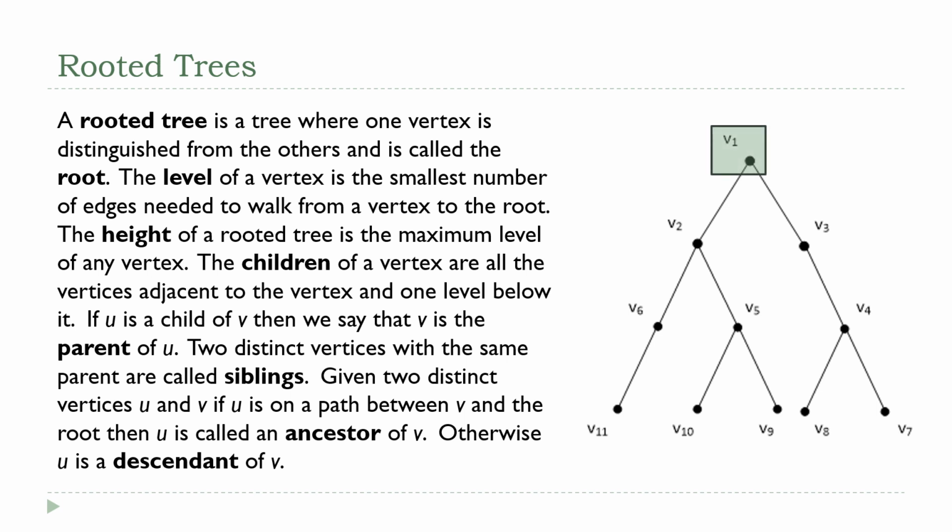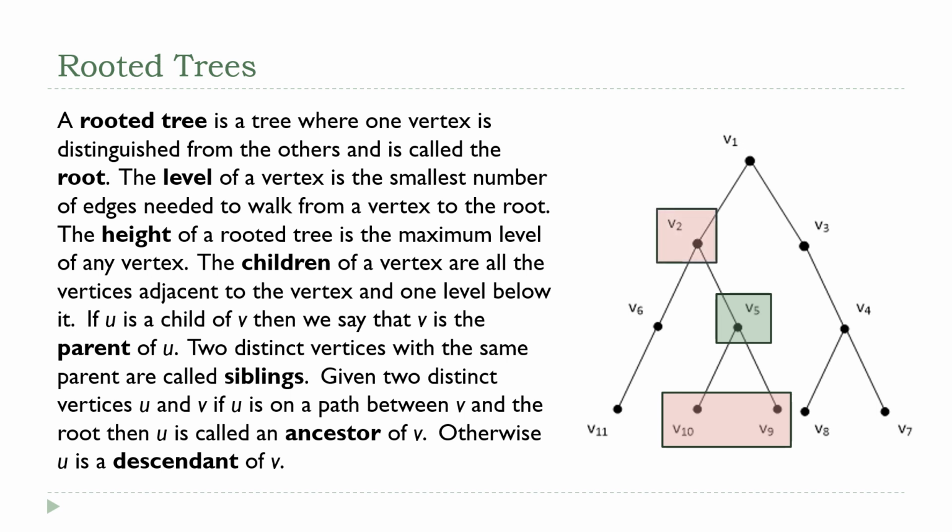V1 at the top of the example here would be its root. Now, I know there's quite a list of definitions here, but I think they're clearer if we look at some specific examples, right? For example, look at vertex V5. The level of V5 is going to be 2, since there are 2 edges between it and the root. V9 and V10 are its children, and they would be siblings of each other.